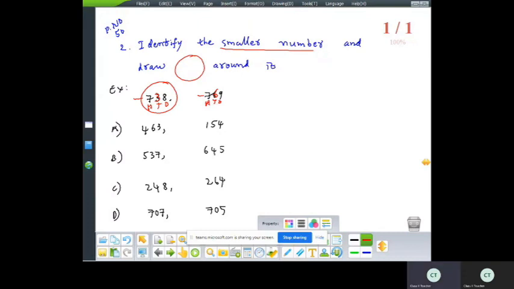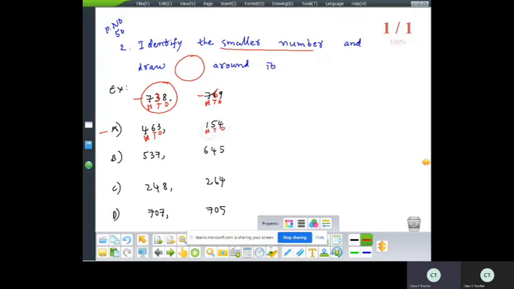Identify the smaller number and draw a circle around it. In the example, 738 is a smaller number than 769. Already I put the circle. Now question A. The given numbers are 463 and 154. First, we look at the place values for the two numbers: ones, tens, hundreds.